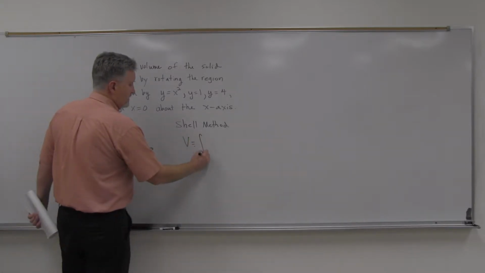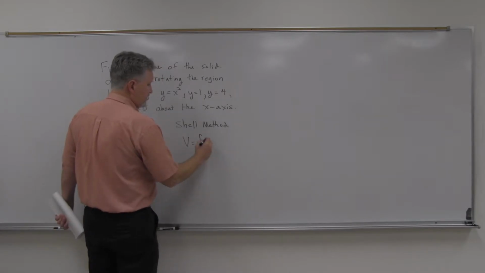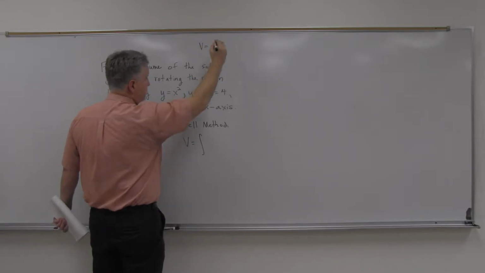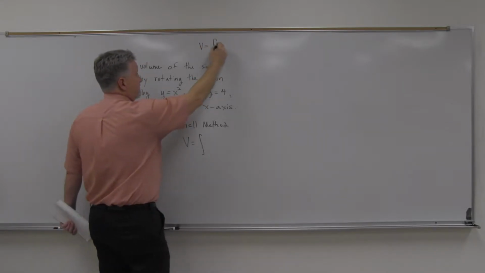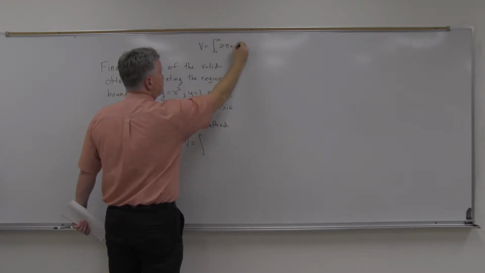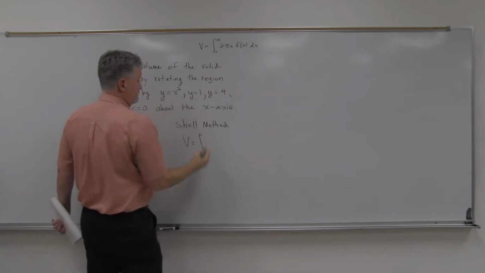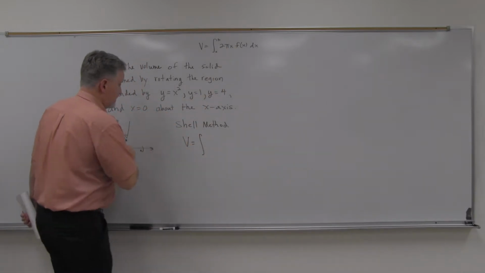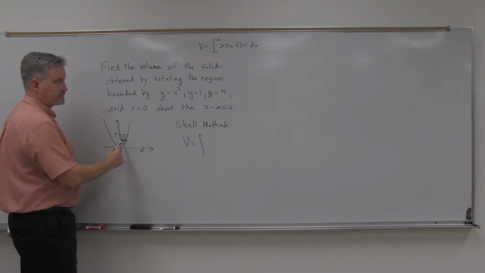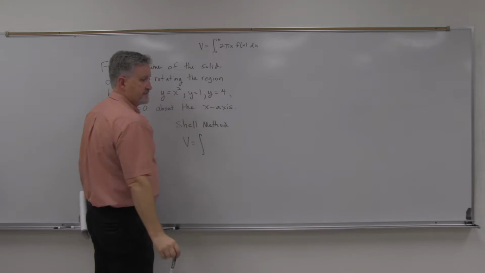What that means is, the regular shell method for integrating with respect to x is the integral from a to b of 2 pi x f of x dx. And so if we're doing the shell method and integrating with respect to y, that just changes all the x's over to y.